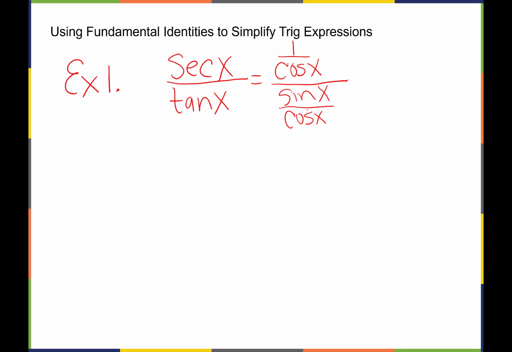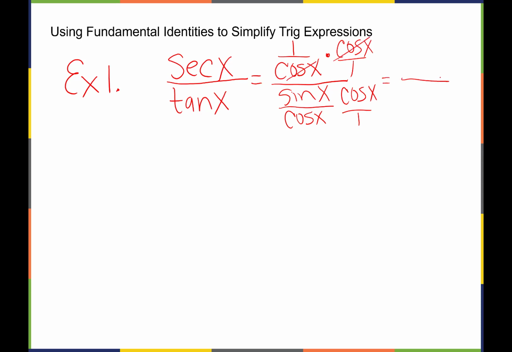Here I'm left with the complex fraction. You can either multiply the top and the bottom of the complex fraction by cosine, or you can use a flip and multiply trick. I'm going to choose to multiply the top and the bottom by cosine. That way I can get rid of my complex fraction.